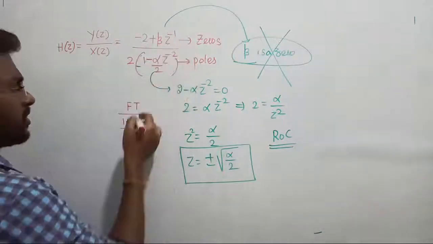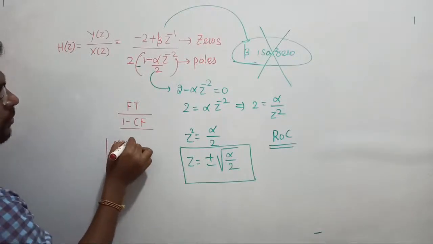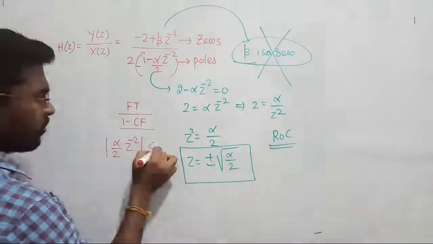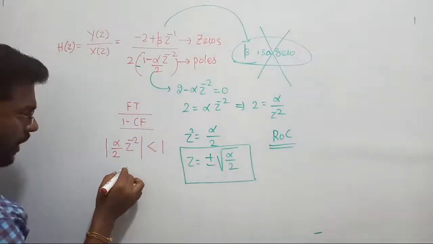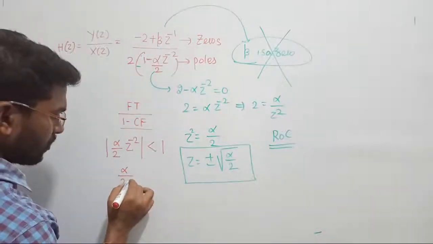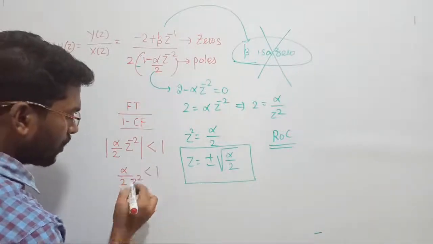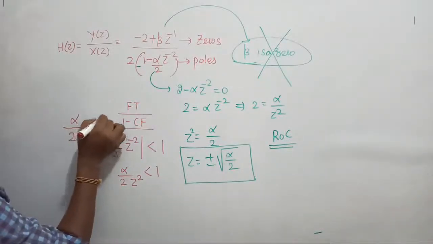Now just notice this. The term alpha by 2 into z power minus 2 should be less than 1. From this we can define that alpha by 2 is going to be less than z square.